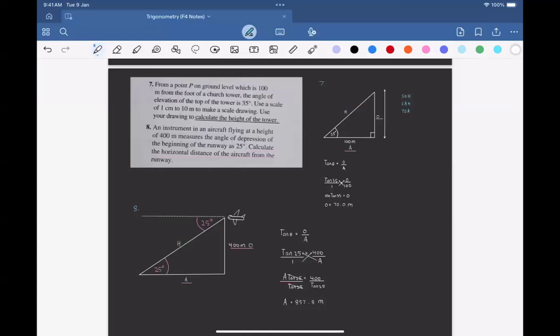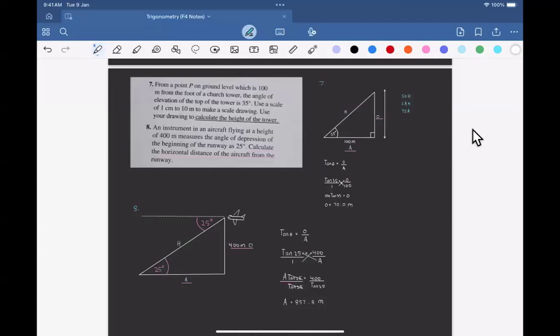Right, so yeah, this is the last question. And then we're gonna move on to ugly triangles. Try and remember what we call an ugly triangle. You know why it's ugly? Because it's all over the place.